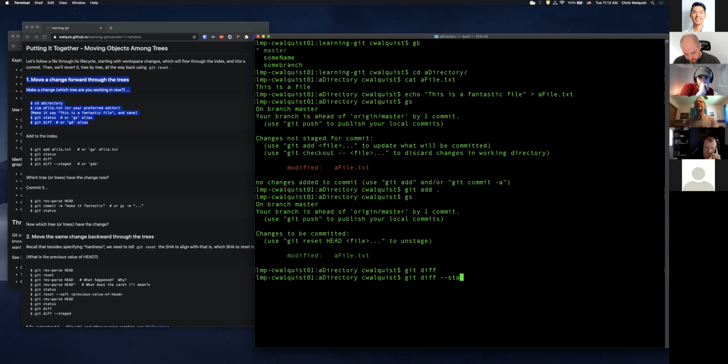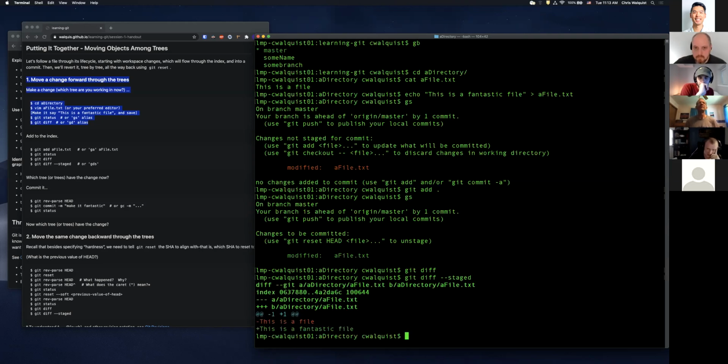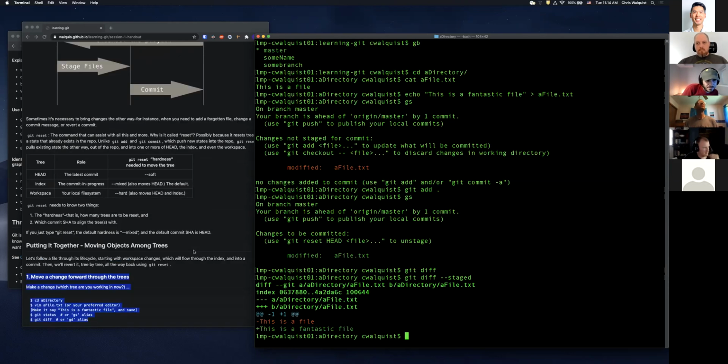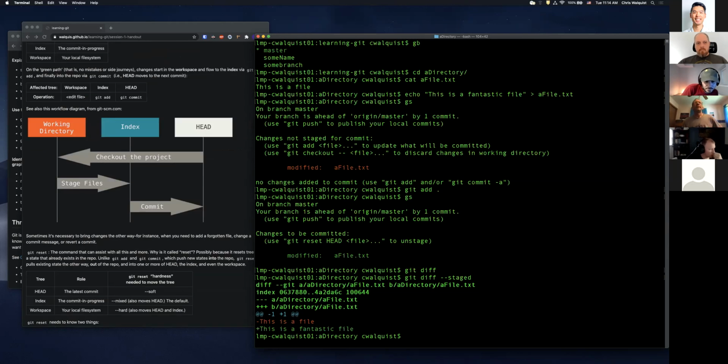What if we do this though? What does that tell us? It shows us the modifications that were specifically done between what's staged and what was in the original index.